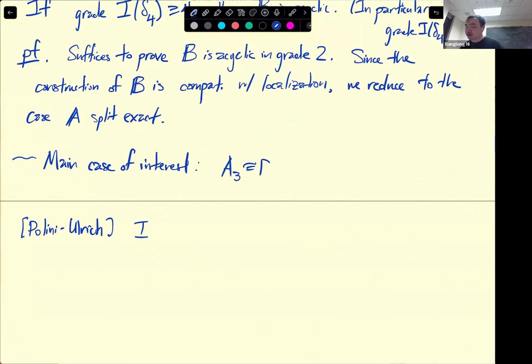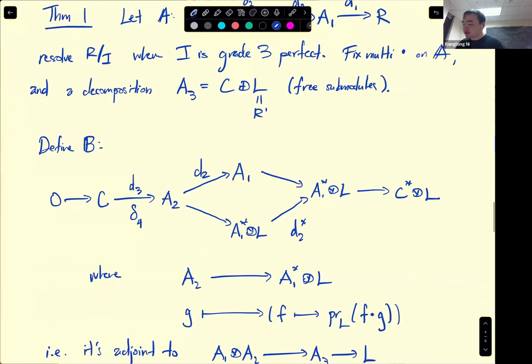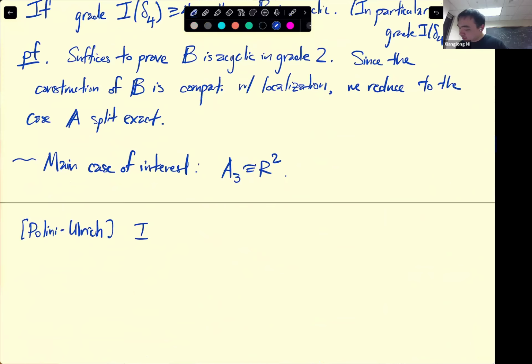So the starting ideal is a grade 3 perfect ideal of type 2. In that case, the C is also R1. So then the output is a resolution of a Gorenstein ideal of grade 4.